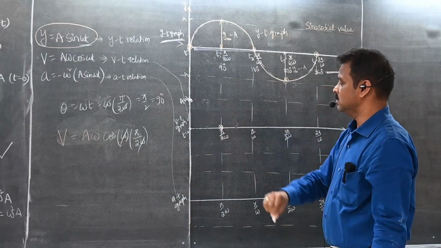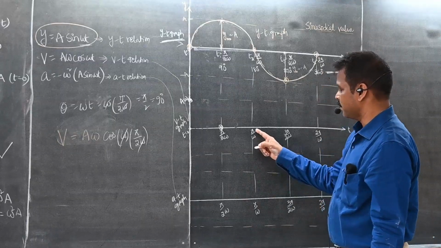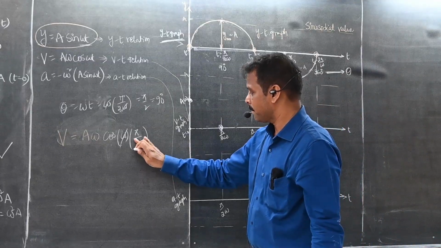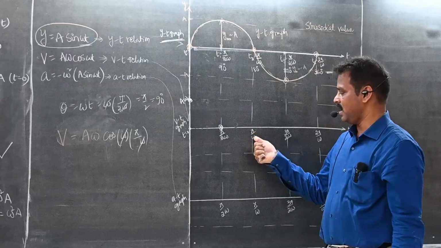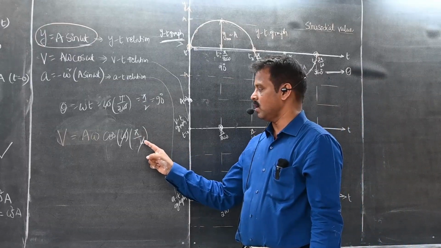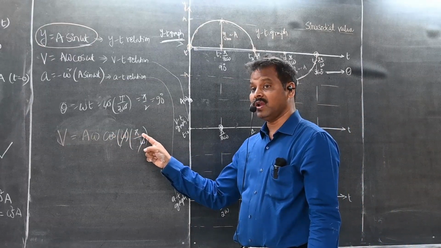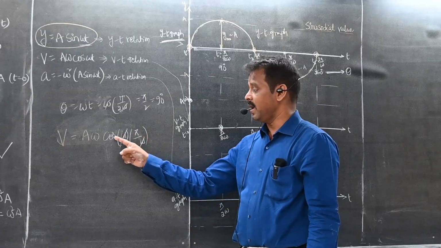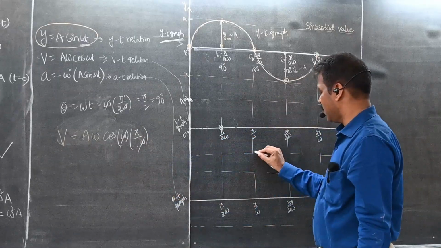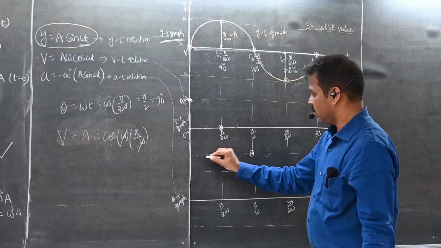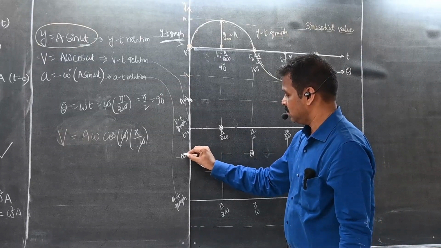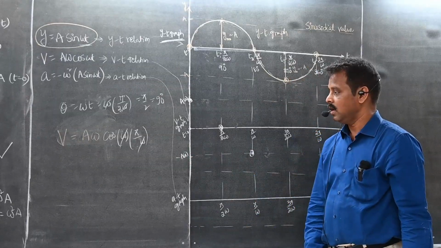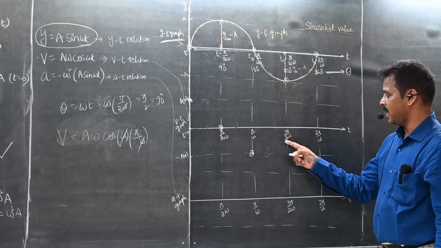Now the next time, pi by omega. Omega cancels. Cos 180 degrees is minus 1. So V will become minus A omega.